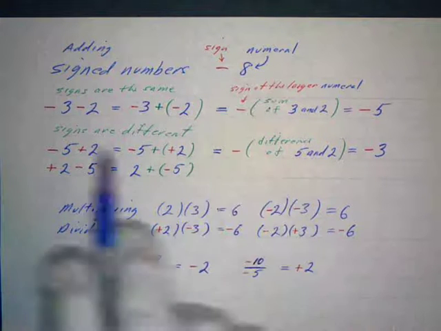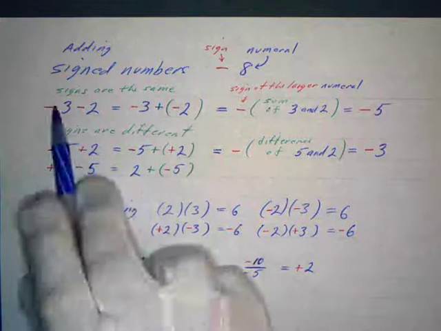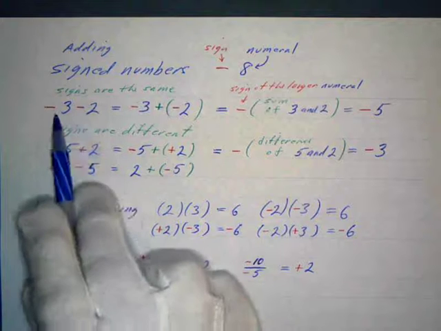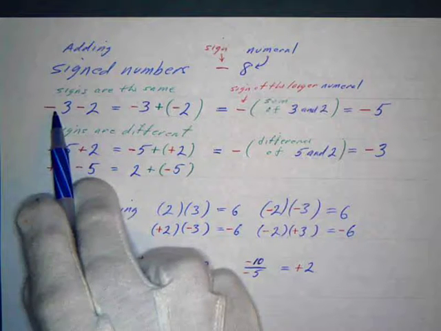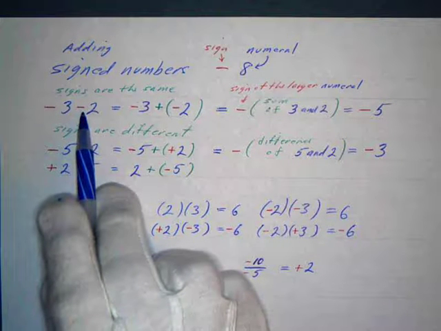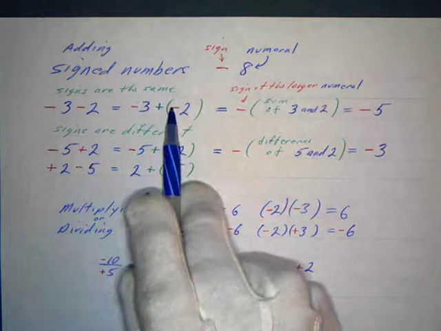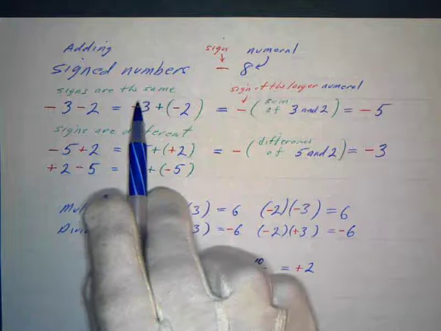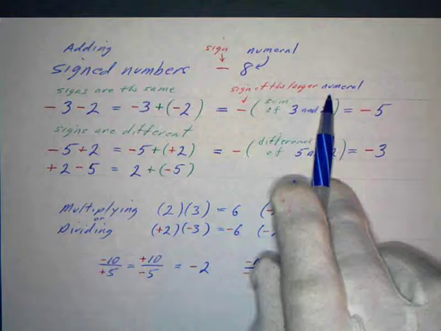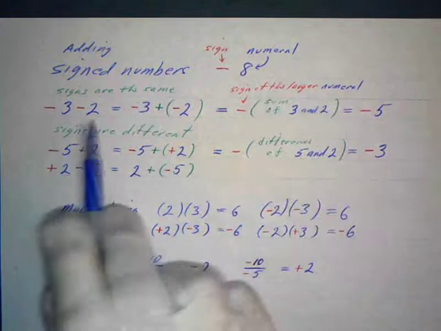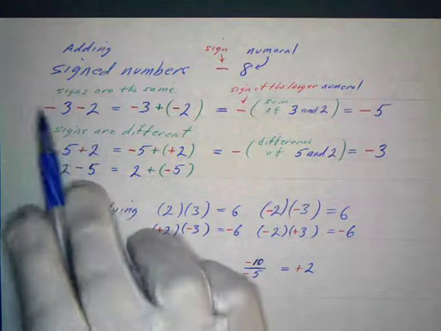All right? So if we're going to add signed numbers, if the signs are the same, it can be written as negative 3 next to negative 2, or negative 3 plus negative 2, it's the same thing. If the signs are the same, you always take the sign of the larger numeral.